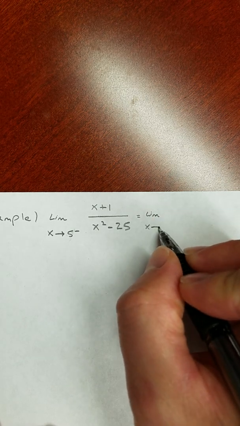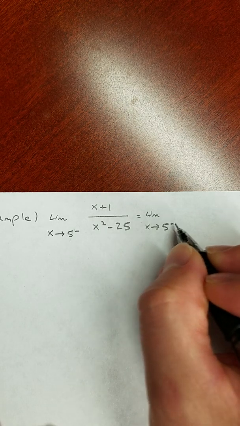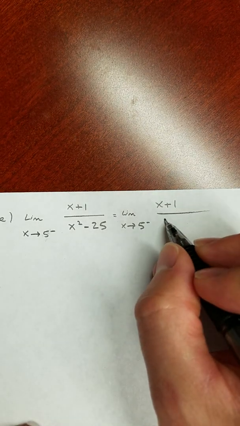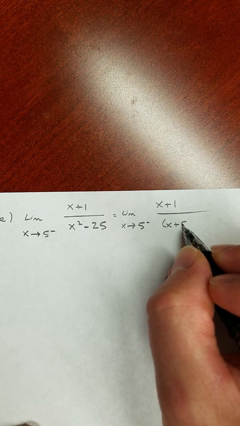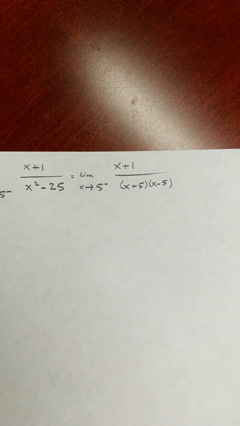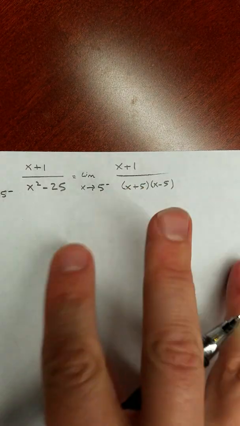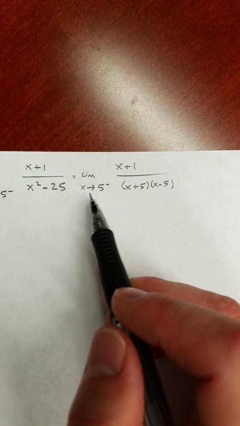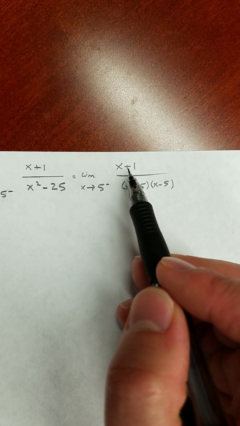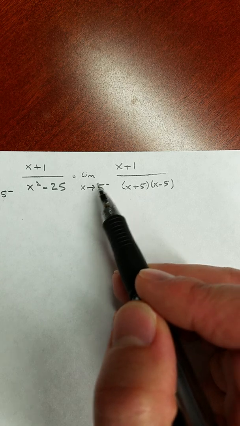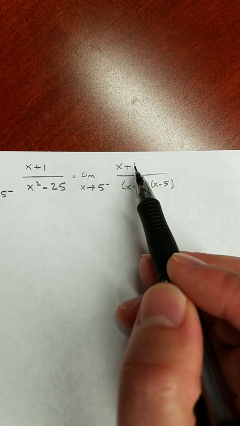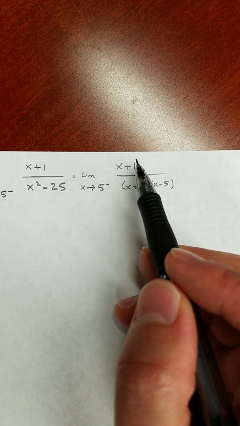Limit x goes to 5 from the left, and it might help me to see this as x plus 5, x minus 5, okay? So I might look at it like that. So here's what I think is going to happen. If x goes to 5 from the left, this will essentially be 6. 5 plus 1, or 4.99 plus 1. All right, it's basically going to be 6.